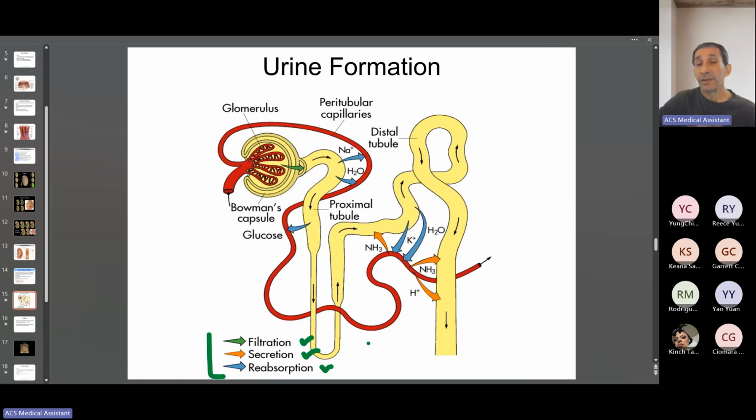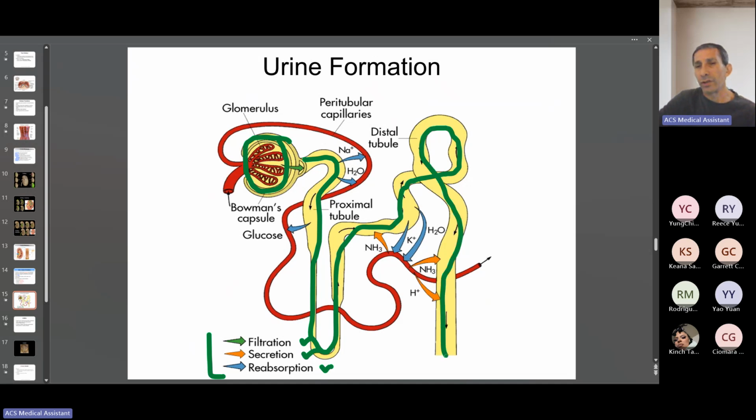Because remember, all these three processes do not happen in the same place, in the same structure of the nephron, because it has different structures. See, it has right here the glomerulus. Then it has all these tubules, but these tubules change names as they move further.